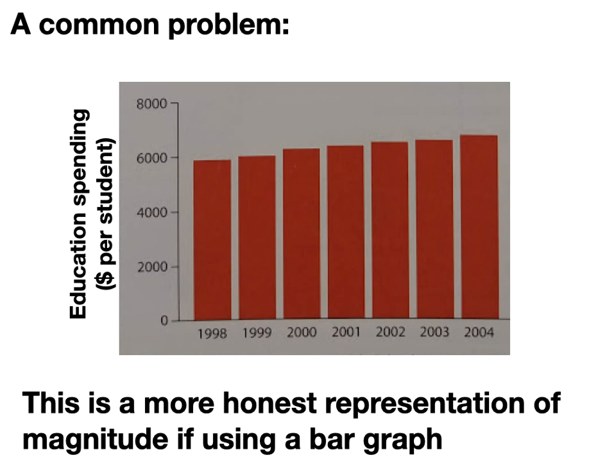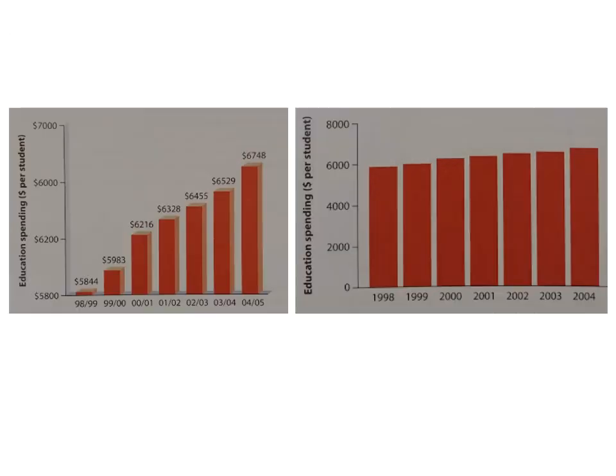If we're going to use a bar graph, if we're going to use colored area to represent amounts, then the amount of color should truly represent the comparison of the different amounts. This is what the honest bar graph would look like. Yes, there's been a steady increase in the amount of spending, but it's certainly not that steep. It's not as though almost no money was spent in 1998, for example. I hope you can really see the difference and why it's so important to represent magnitude accurately.